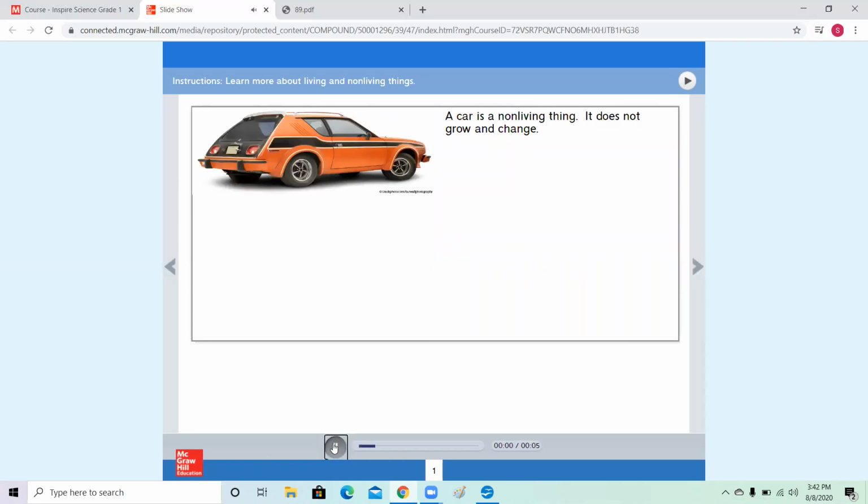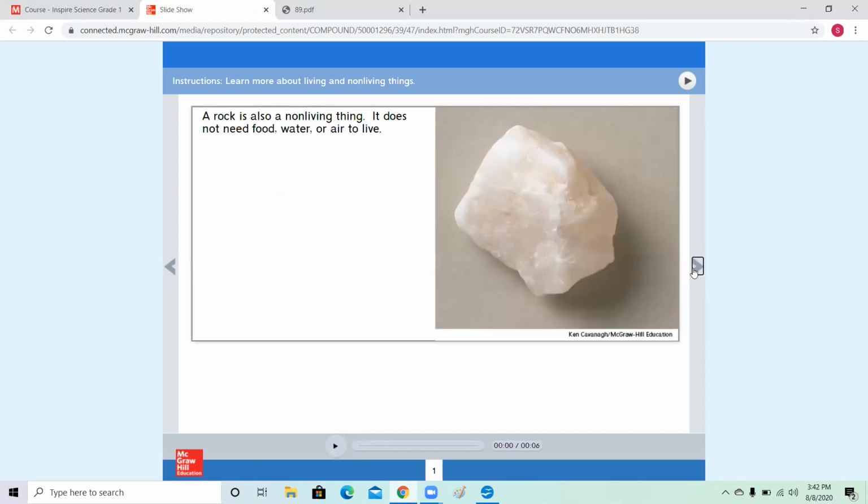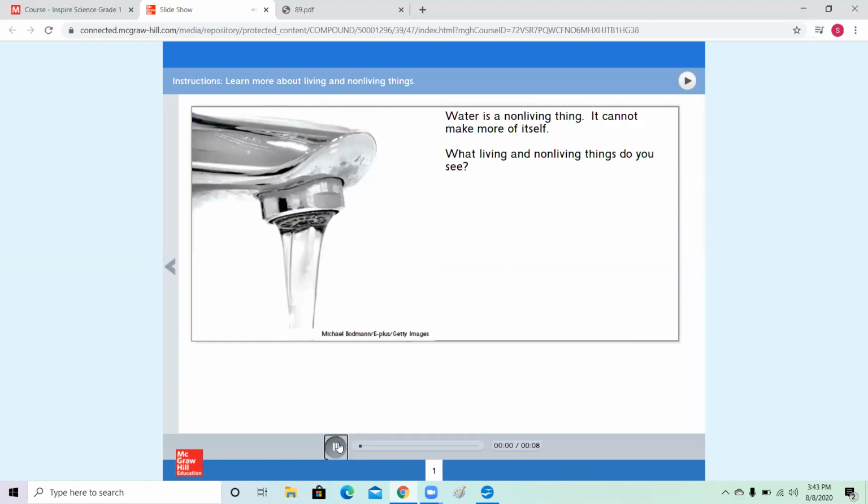A car is a non-living thing. It does not grow and change. A rock is also a non-living thing. It does not need food, water, or air to live. Water is a non-living thing. It cannot make more of itself. What living and non-living things do you see?